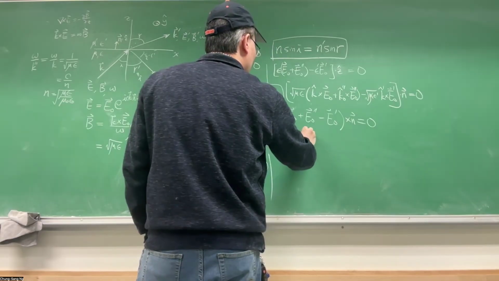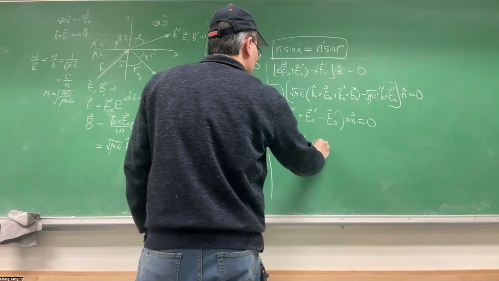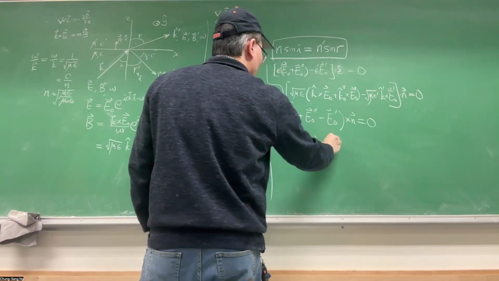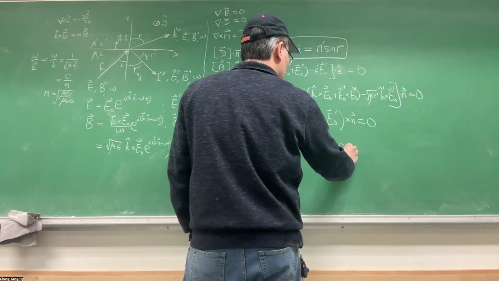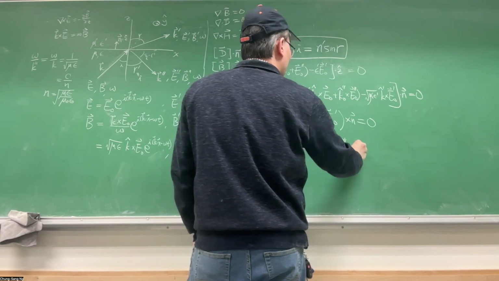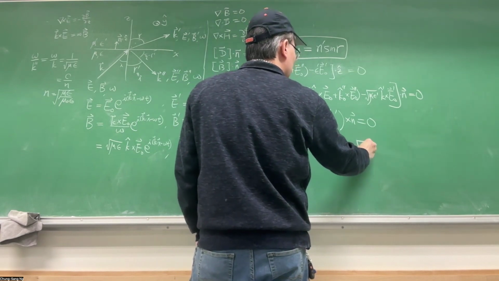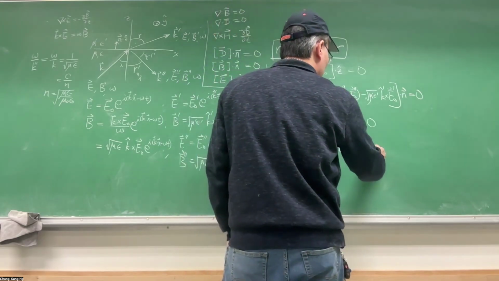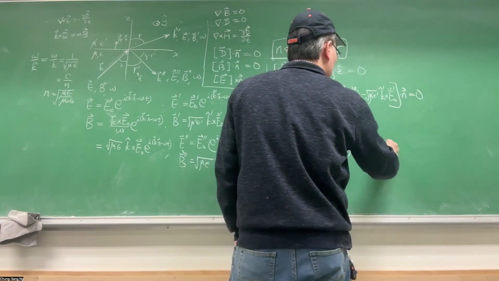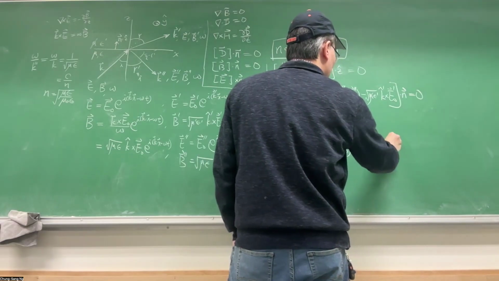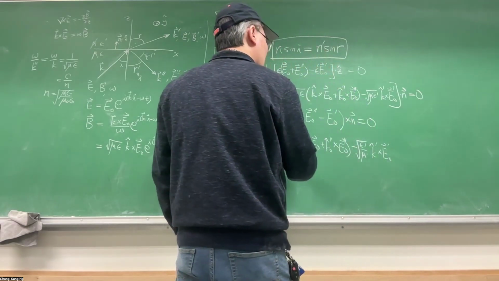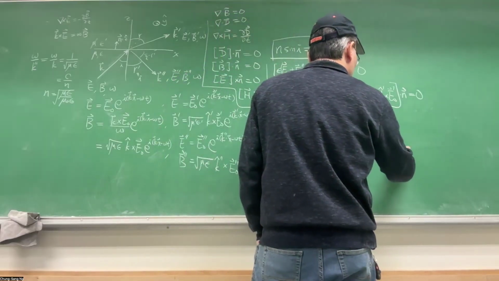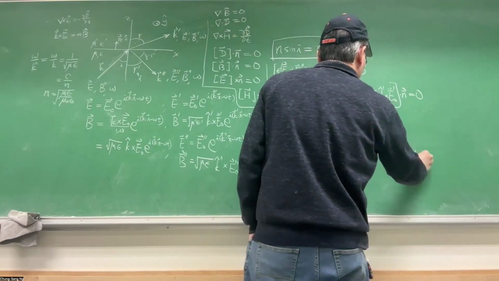And you have K cross E0 plus K double prime cross E0 double prime and minus the square root of epsilon prime over mu prime, K prime cross E0 prime, and then everything cross n equals 0.